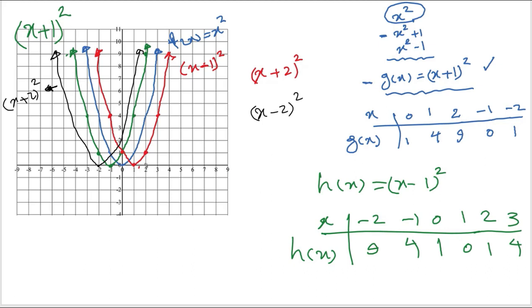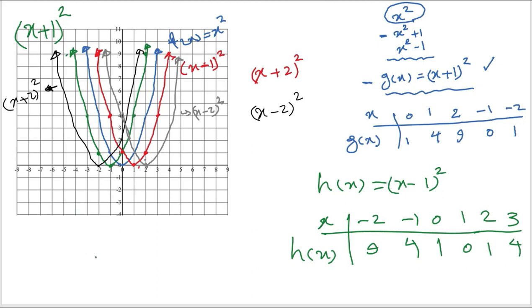So it will be right here, 1, 2. You just shift the graph toward the right. So this is (x−2)².